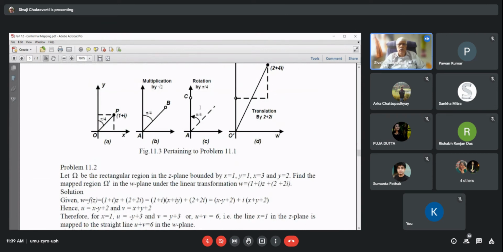Now this will be rotated in the diagram to C by pi by 4 in the anticlockwise direction, and we will get the length AC. So you see the point P was first shifted to point B by the multiplication by the modulus of A, then this is rotated to point C by an angle which is the argument of A.